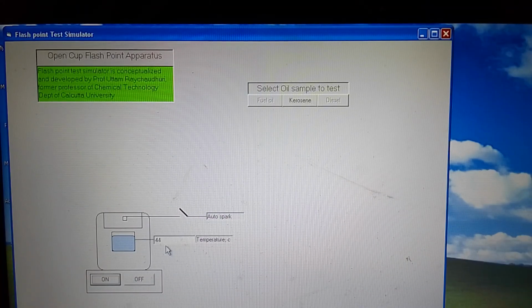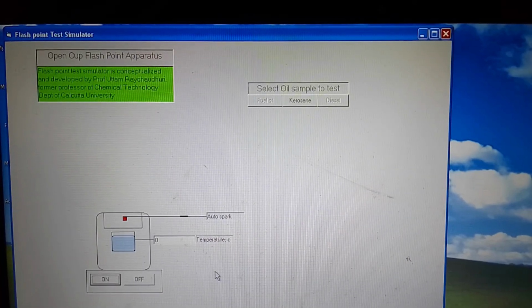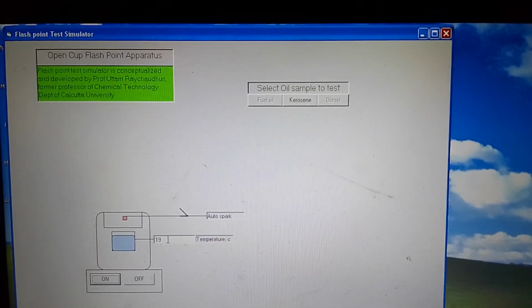So we have not observed properly, so we start it again for the kerosene. We repeat this experiment. Be careful when it is 30, we just observe it.